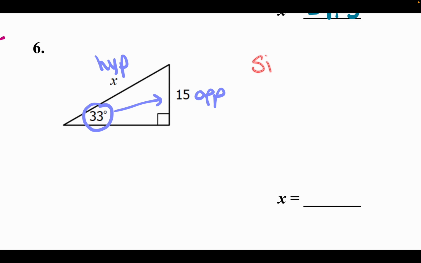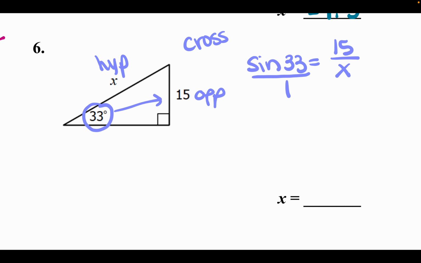So sine of 33 is equal to 15 over x. Now, if this happens where your x is on the bottom of your fraction, what you can do is put it over 1 and cross multiply. Cross, cross.